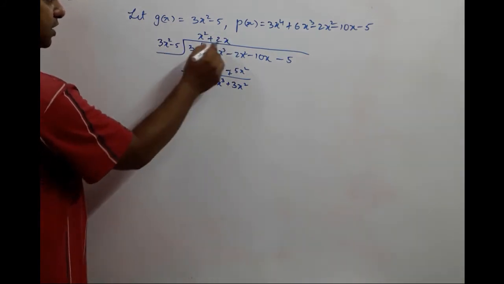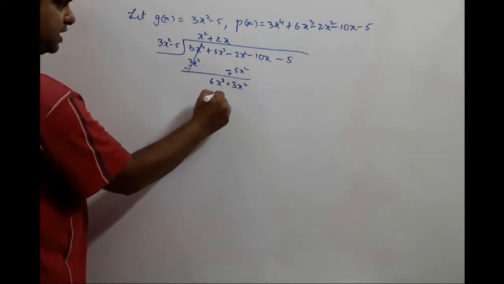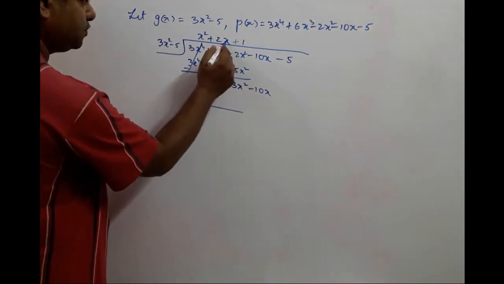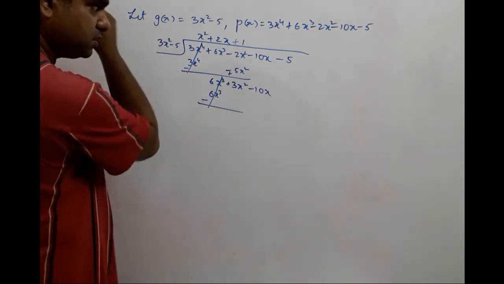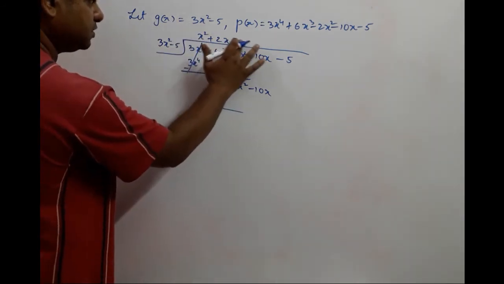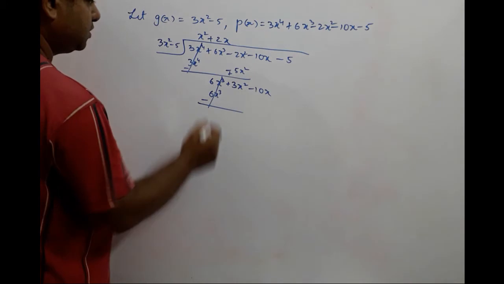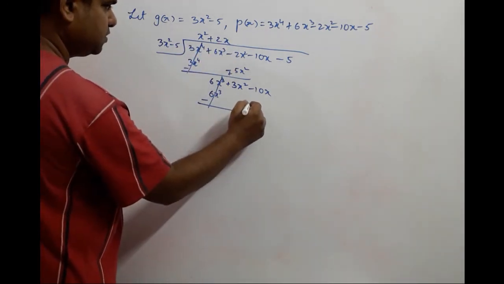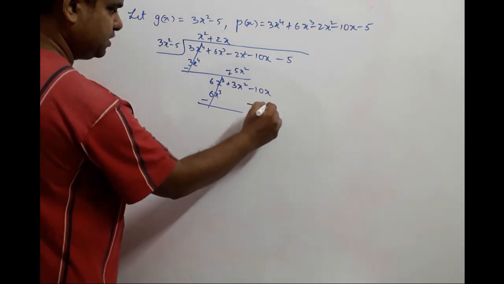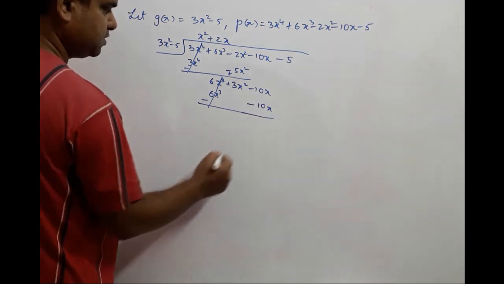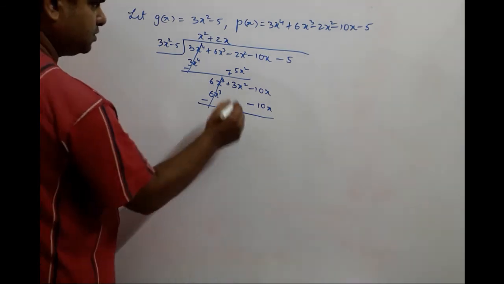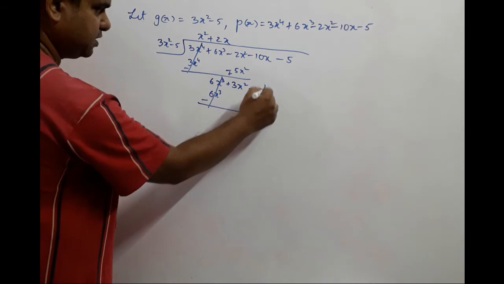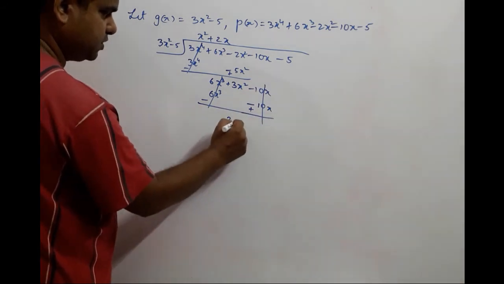So 3x square into 2x will give us 6x cube. Minus 5 into plus 2x will give us minus 10x. Now the sign changes, this gets cancelled and we get 3x square around here.